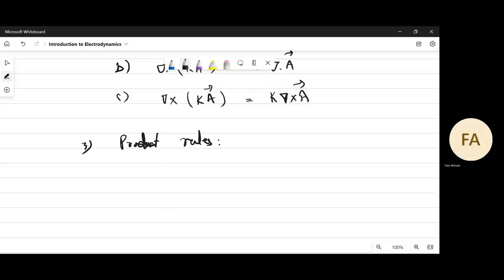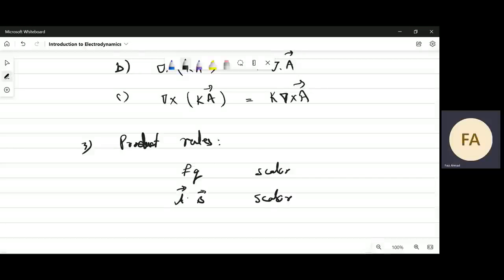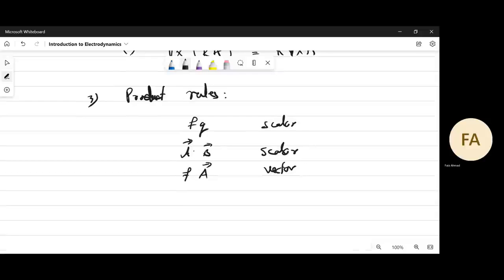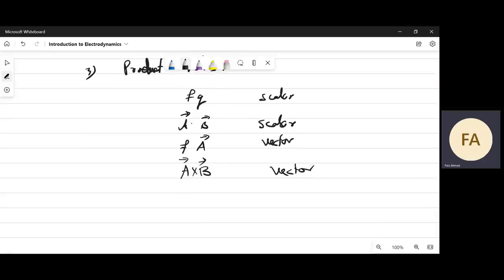We have fg, which is the product of two scalars; a scalar times a vector; a dot product of two vectors, which returns a scalar; and a cross product of two vectors, A cross B. So if we apply vector differentiation, which is del, we have to work out all four options.